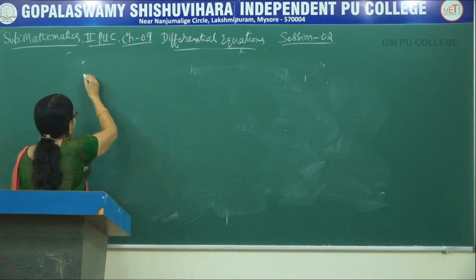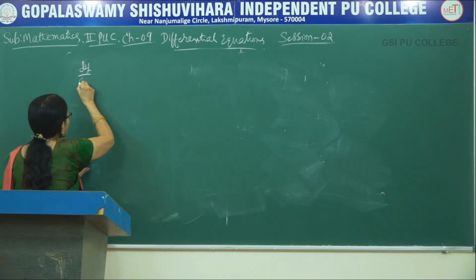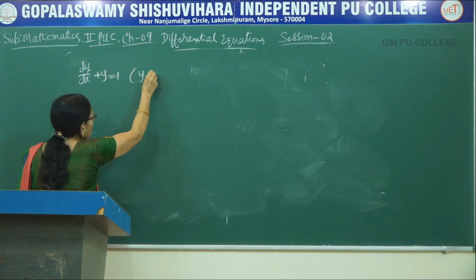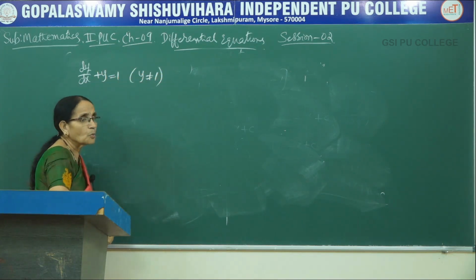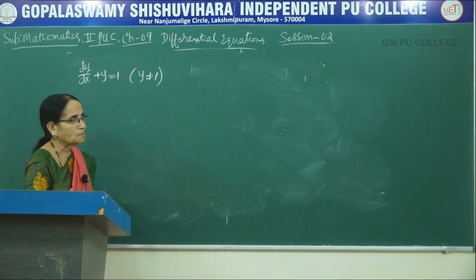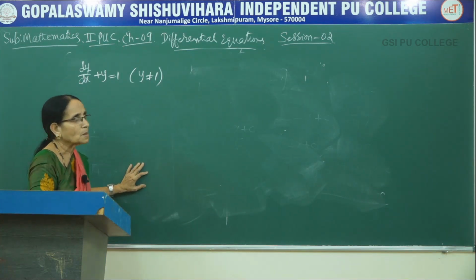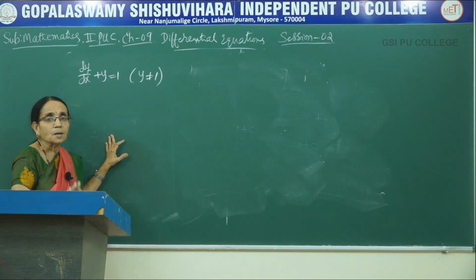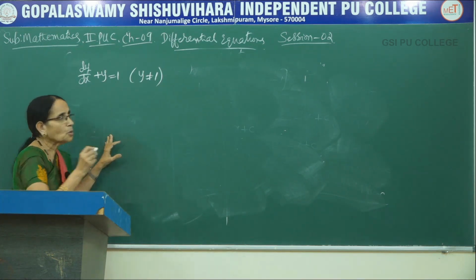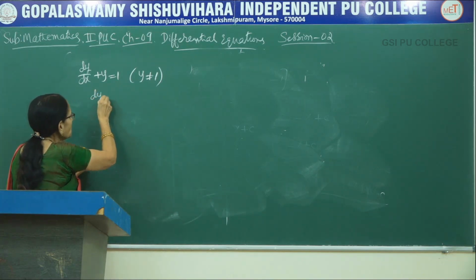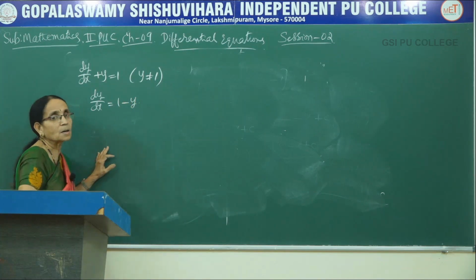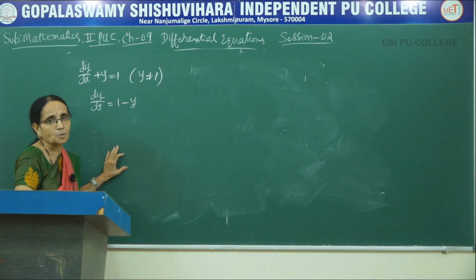Next problem is dy by dx plus y is equal to 1. The condition that is given is y is not equal to 1. Now here, if you directly multiply by dx, you cannot separate x and y. So what I do is dy by dx equal to, I take y to the right hand side, 1 minus y.